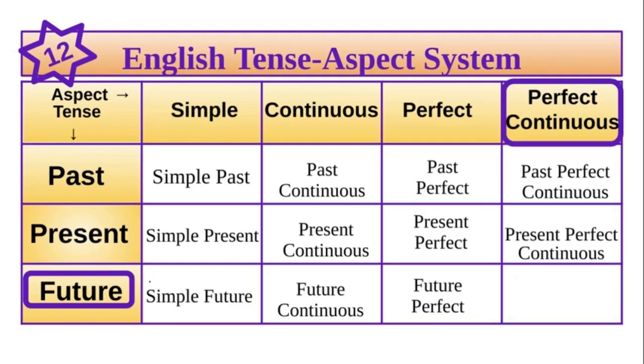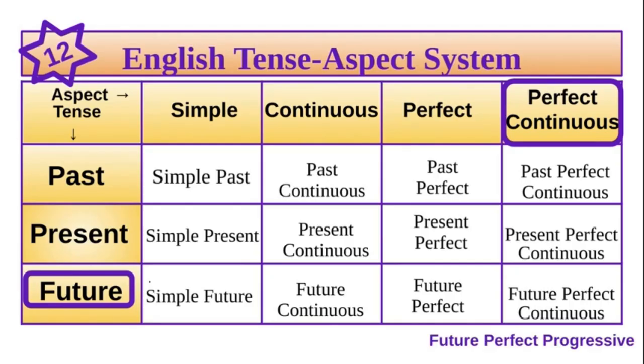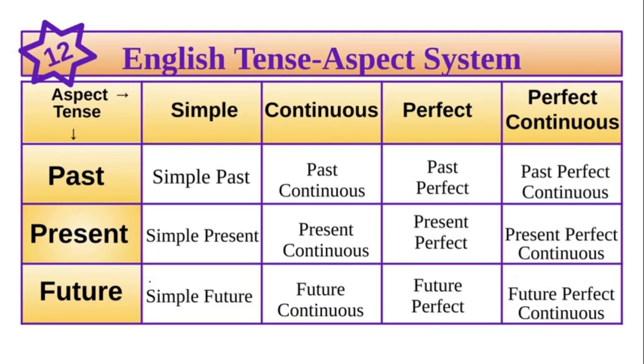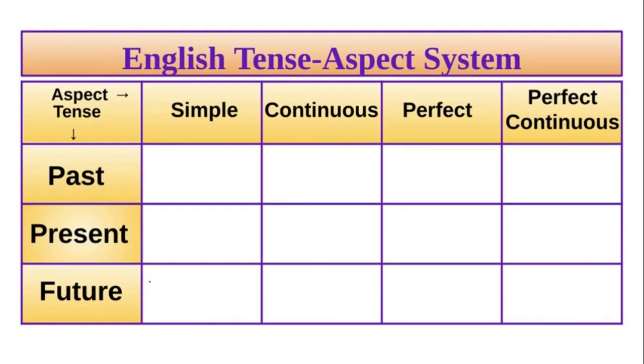And lastly, future perfect continuous, also called future perfect progressive. This is going to be so much fun. Here we have the big picture map of the 12 English tense aspect system and their combinations. Let's dive in and learn more about each combination, beginning with the first, simple past.